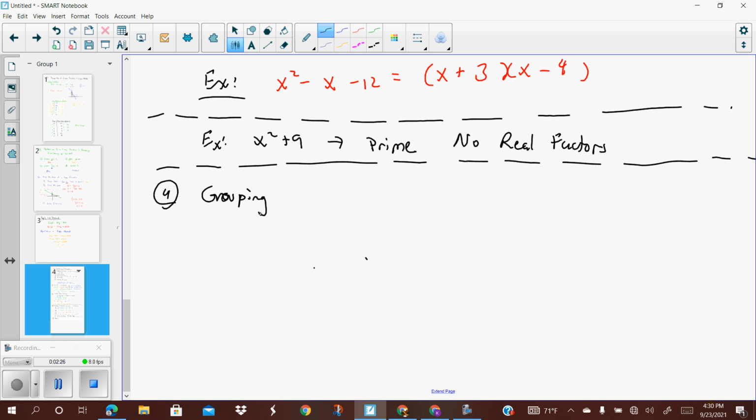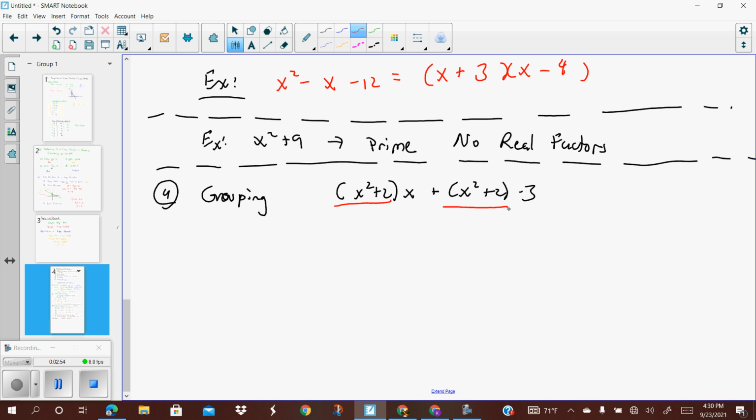I know that we have talked about this. If we had something like x squared plus 2 times x plus x squared plus 2 times 3, what you should notice is that I have x squared plus 2 in common in both terms. Both of these two things are terms because they're separated by addition.